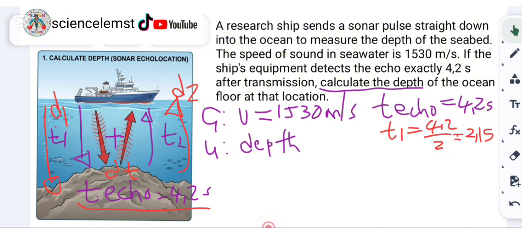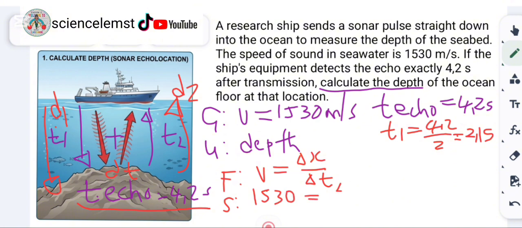It's 1,530. I do not know how deep it is, so I'm still looking for the depth. I go back to my formula. My formula says v equals delta x over delta t. I substitute: 1530 equals delta x over 2.1 seconds.